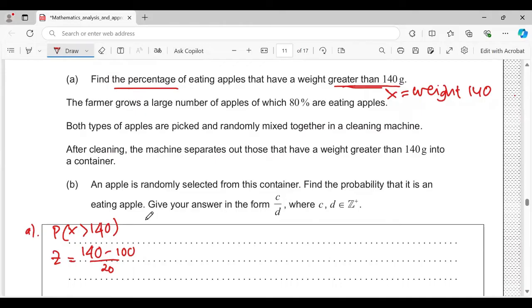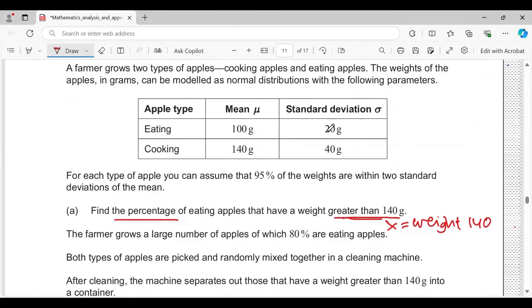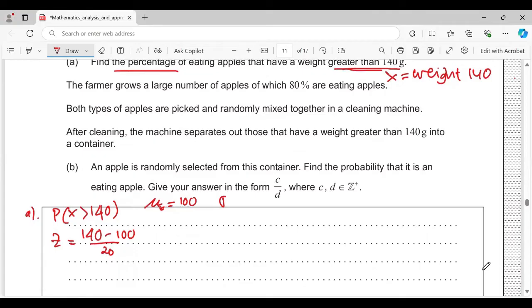Recall that mu of eating apples equals 100, and the standard deviation of eating apples is 20, with x equals 140.